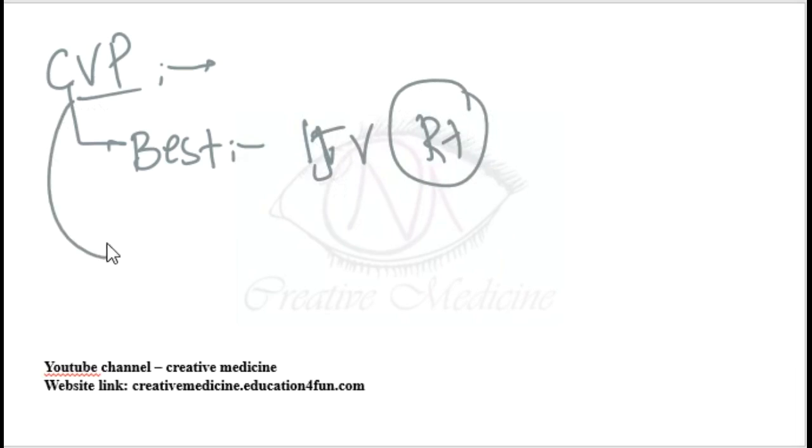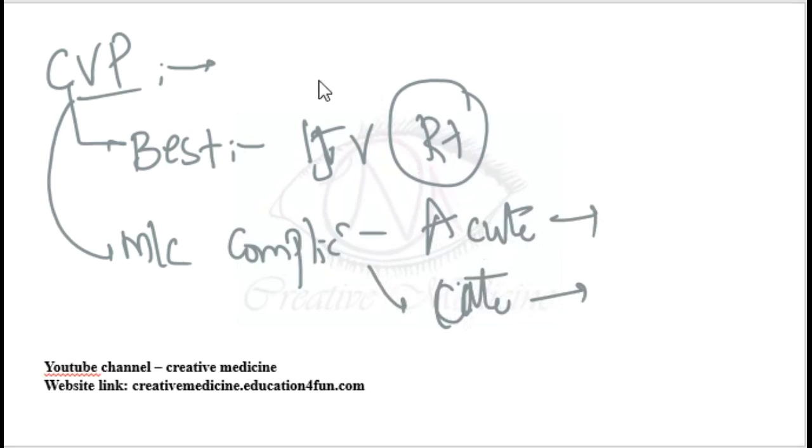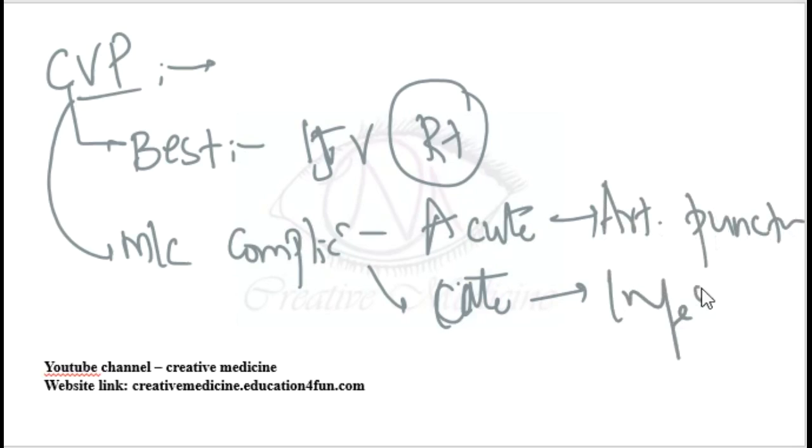The most common acute complication of using central venous pressure through the internal jugular vein is arterial puncture. The most common late complication is infection.